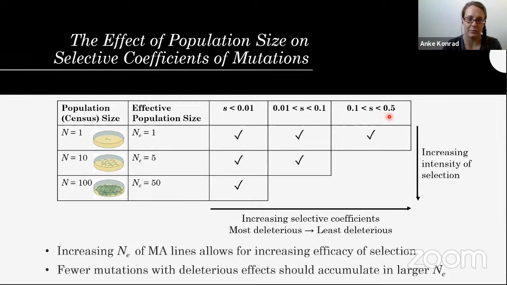These most deleterious mutations should only accumulate in the smallest population size, while those of medium effects might accumulate in the small population size and the medium population size, and then the mutations that have very low negative effects may accumulate in all 3 population sizes.